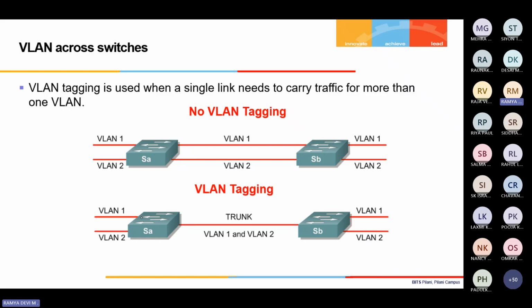So VLAN tagging, what is the purpose of doing that? VLAN tagging is used when a physical link, that is a trunk link, carries the traffic for multiple VLANs between the switches. So without VLAN tagging, what will happen? Separate physical links are required. See here, in the previous example, 16 is connected to 1, and also 2 is connected to 8.